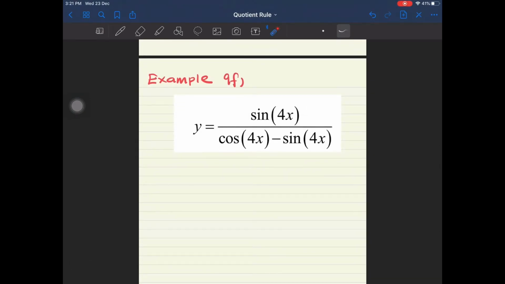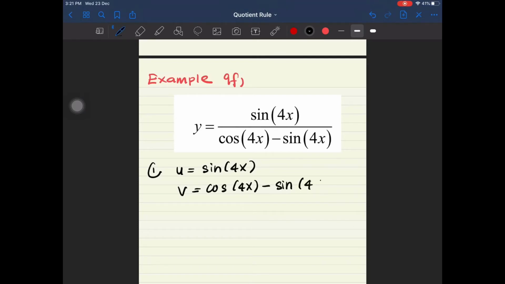So let's try to solve the first example here. You are given y equals sine 4x over cos 4x minus sine 4x. As you can see, this is a division between a trigonometric function and a trigonometric function. So clearly your u is equal to sine 4x and your v is equal to cos 4x minus sine 4x.